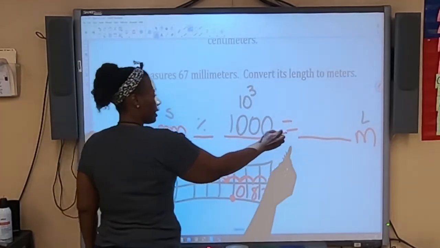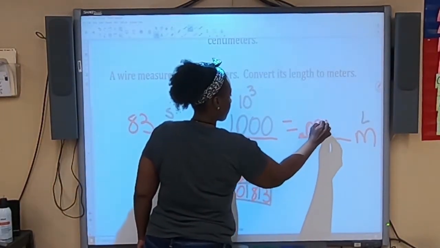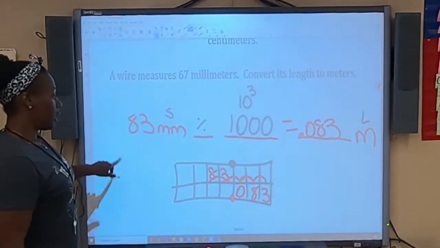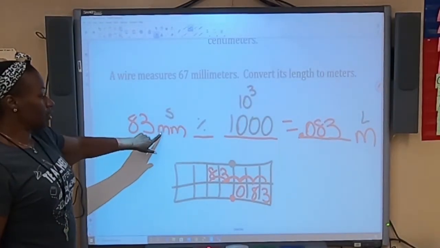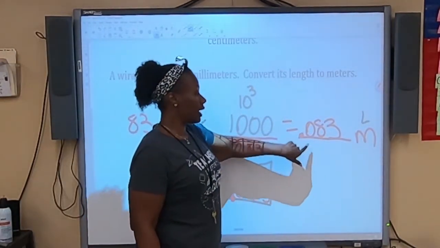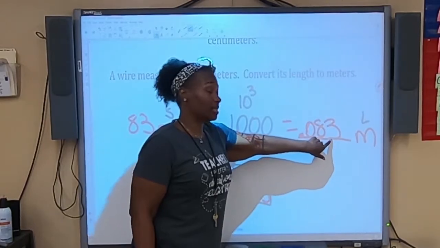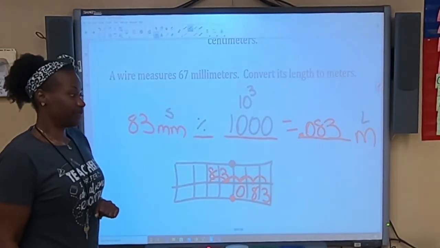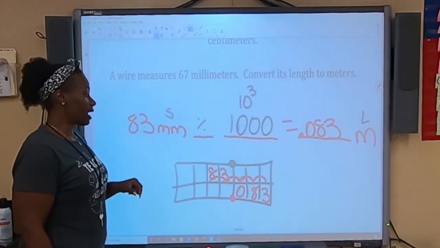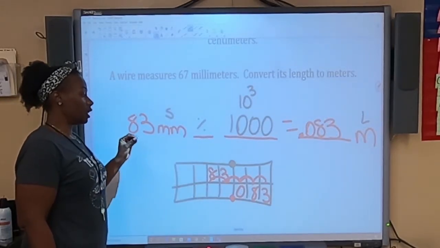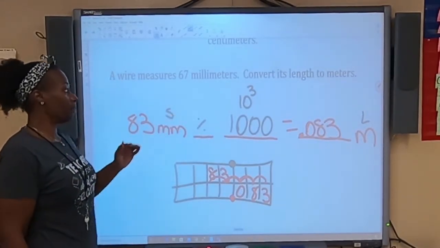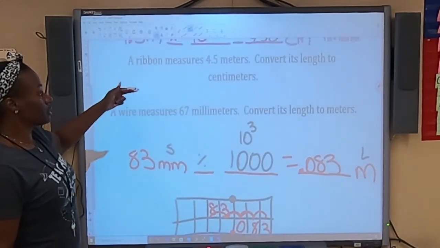So I'm going to copy my answer. And that tells me that 83 millimeters equals 83 thousandths of a meter. Okay, and that is how we convert between units. We went from millimeter to meter. We've done meter to centimeter.